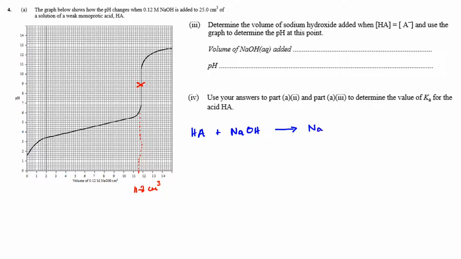So you're going to get your sodium ions reacting with your, let's just put our ion charges in there, so that's the salt that we're making, A minus. And of course, in any neutralization reaction, you're getting a water molecule being thrown off. Okay, so that's our balanced equation for the reaction that's going on.